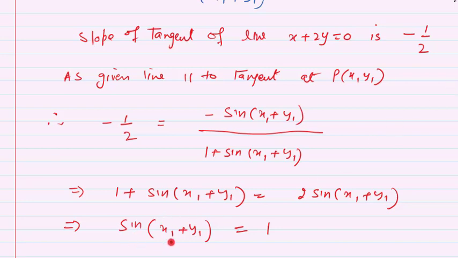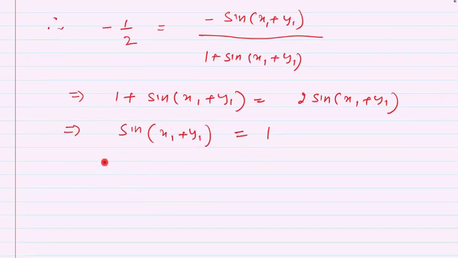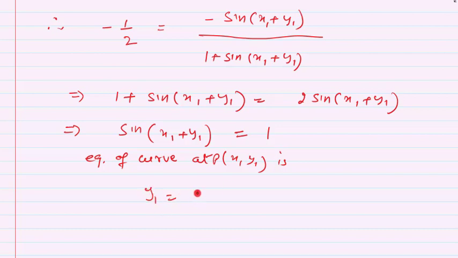Here we are getting sin(x1 + y1) = 1, and the equation of the curve that is given to us, let us calculate that also at (x1, y1). The equation of the curve at P(x1, y1) is y1 = cos(x1 + y1). Now here sin(x1 + y1) = 1.